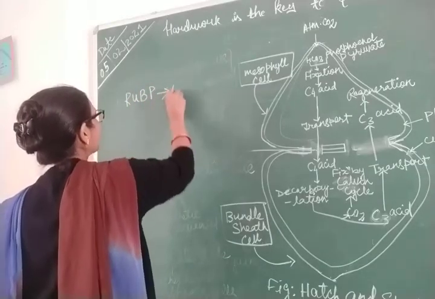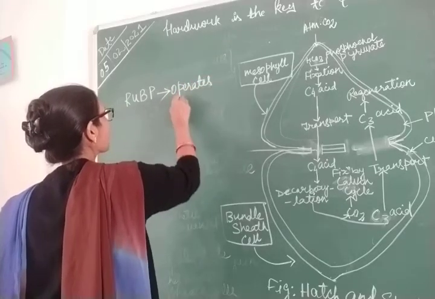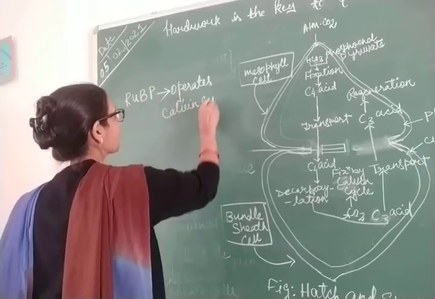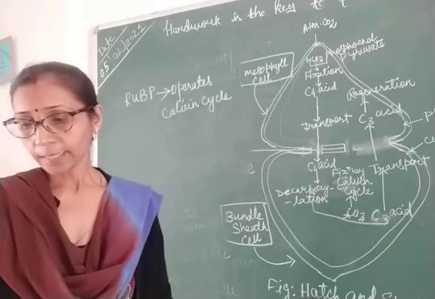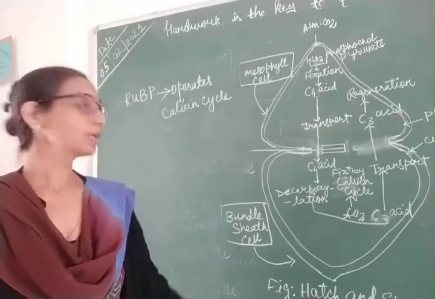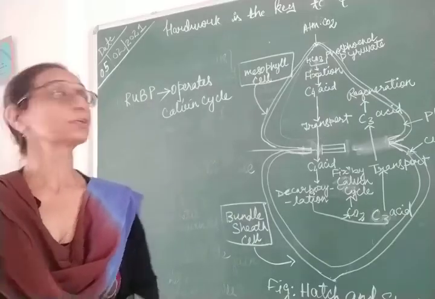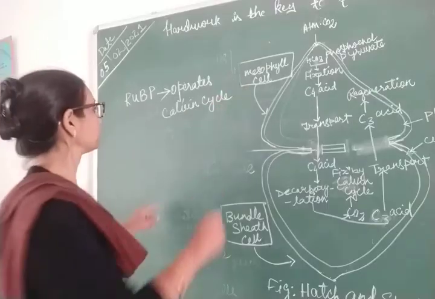Now RuBP operates like the Calvin cycle, and the pyruvate, the 3-carbon compound that had been formed, is transported back to the mesophyll cells.